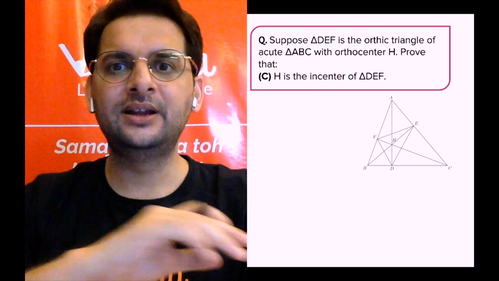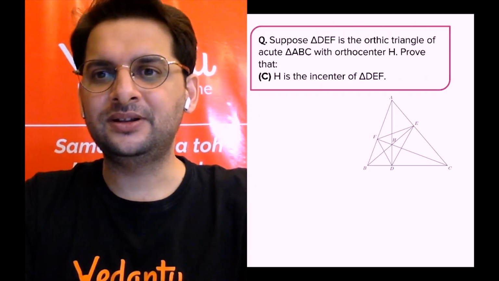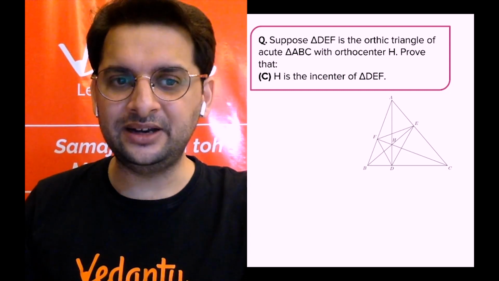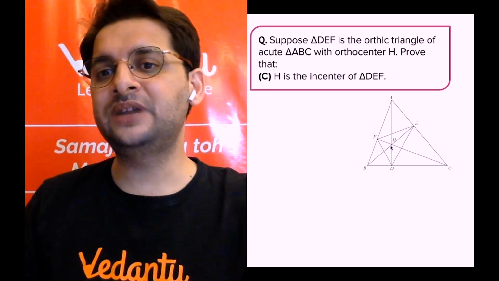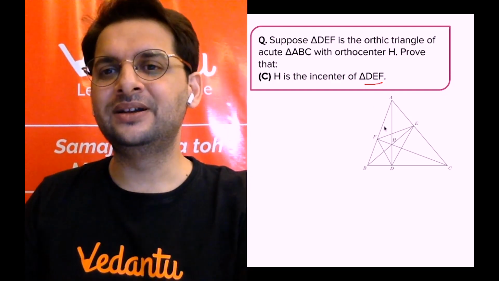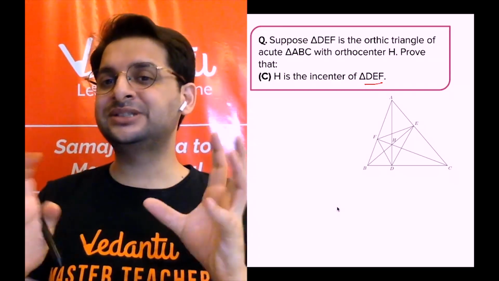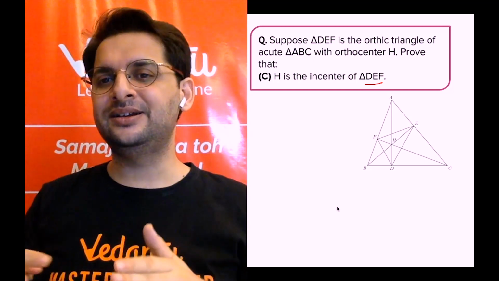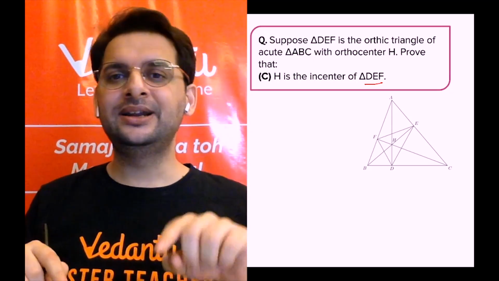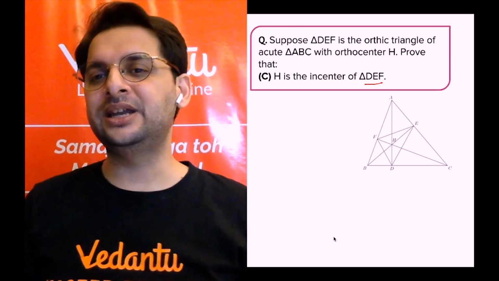All right. Now, the things are getting trickier. We have to prove, and this is very interesting, guys, that H is the incenter of triangle DEF. So H was the orthocenter of the original triangle. That same point is the incenter of this orthic triangle.